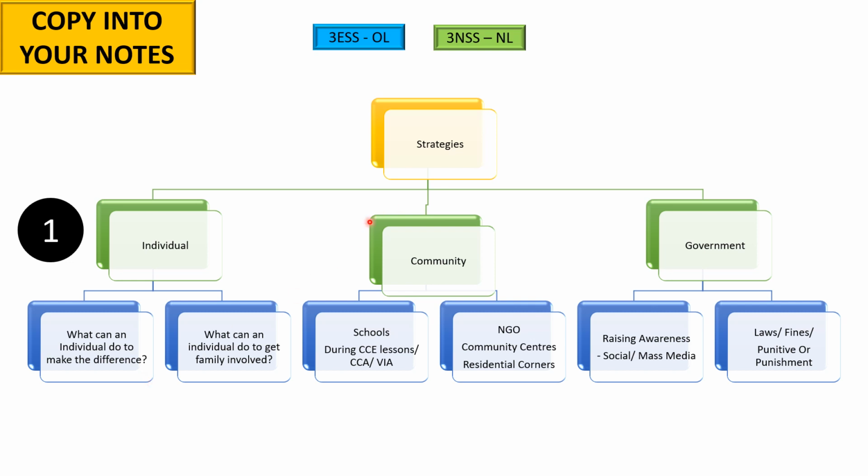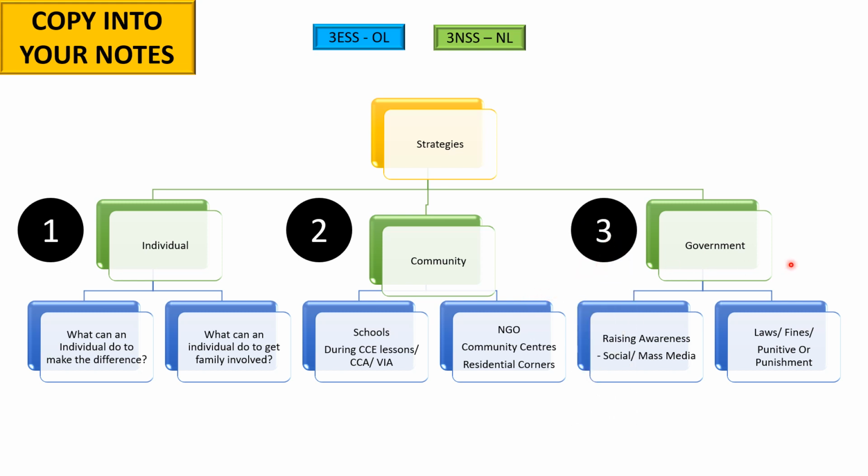When we talk about community, we talk about schools. What can schools do? What can NGOs, non-government organizations, do? What can community centers do? What can residential organizations or residential corners do? Later on you'll see an example.